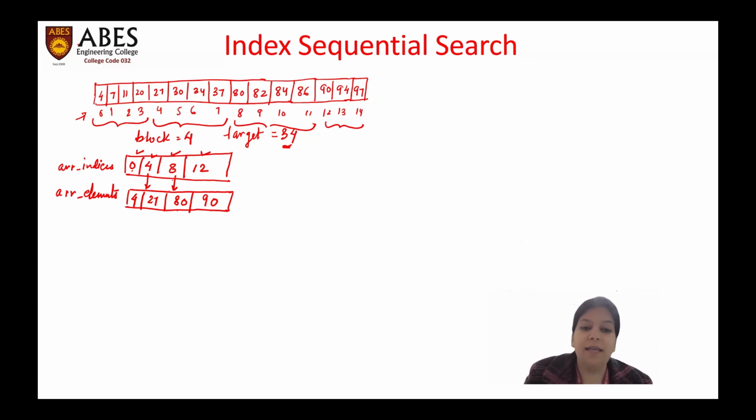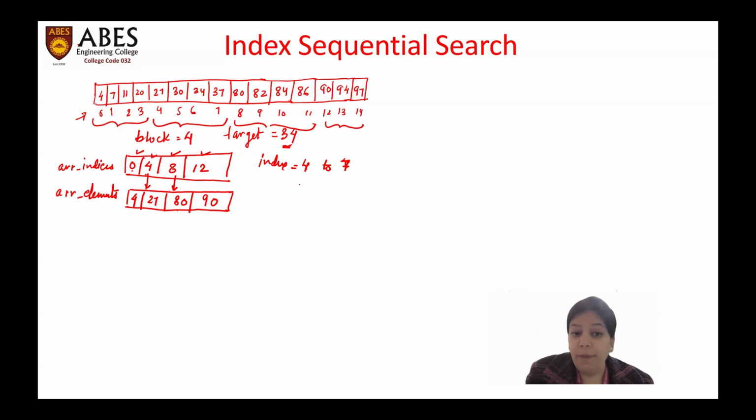So here I can say that the value, if it is present in the array, then it must be present from index number 4 to index number 7, because we are saying that it was not less than 4, but it is less than 8.